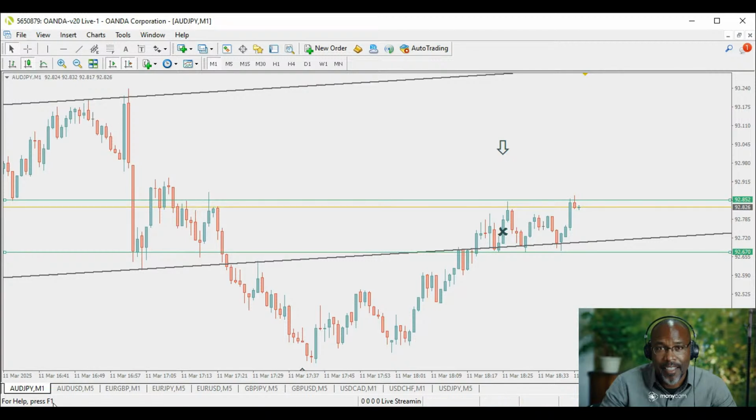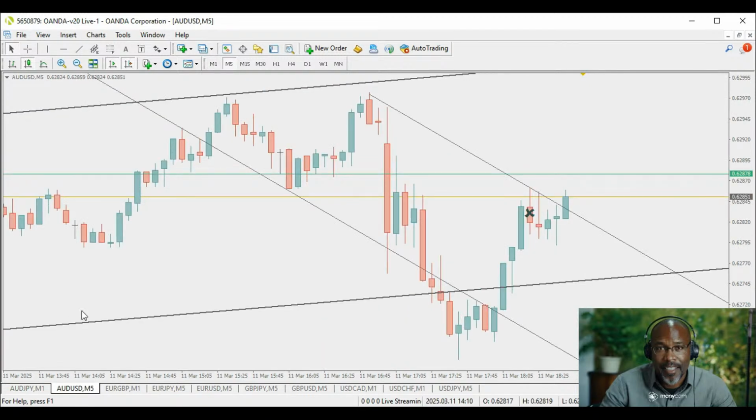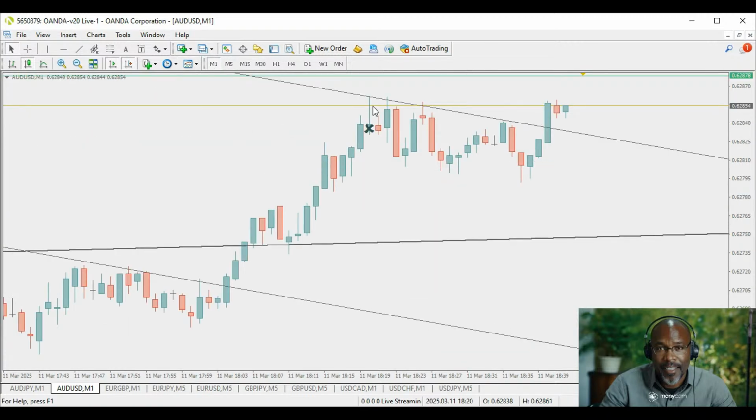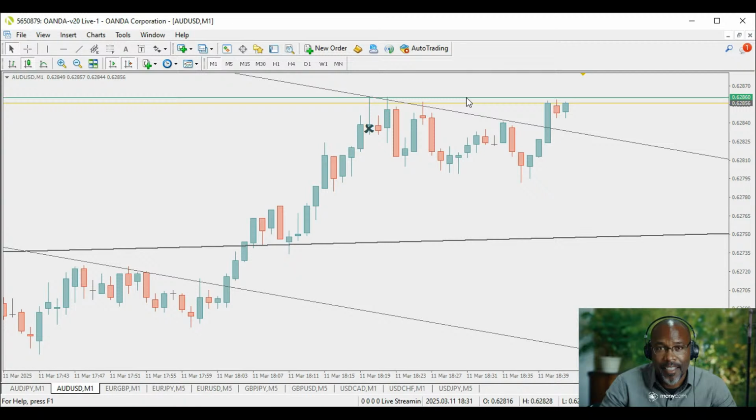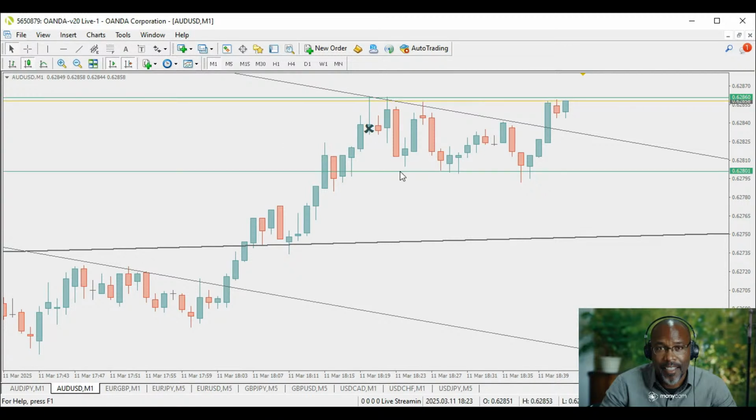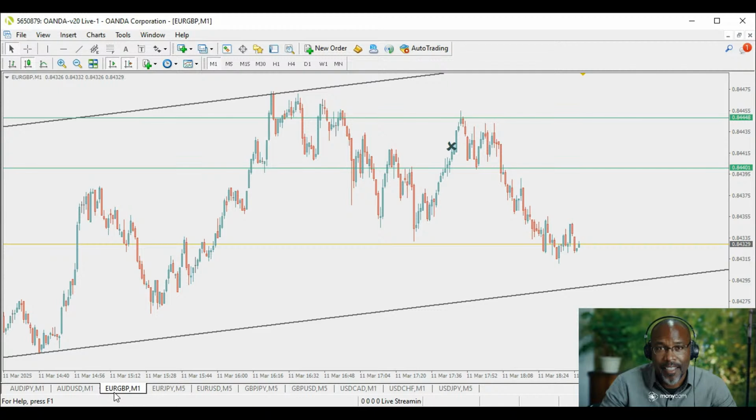Aussie dollar, US dollar is in essentially the same situation. I'm just making sure there's no other good opportunities because I'm thinking I'm about finished for the day. Euro dollar cable looks like it's turning north again.